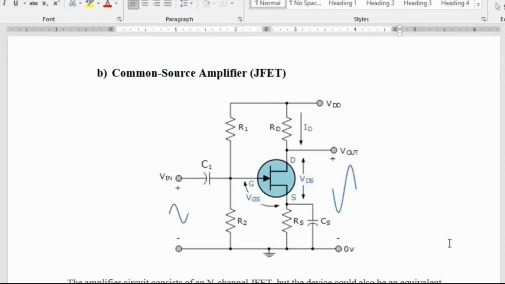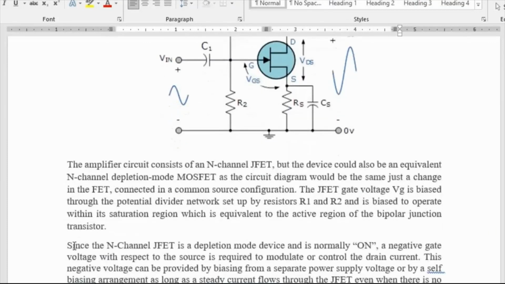The amplifier circuit consists of an N-channel JFET, but the device could also be an equivalent N-channel depletion mode MOSFET, as the circuit diagram would be the same, just a change in the FET.